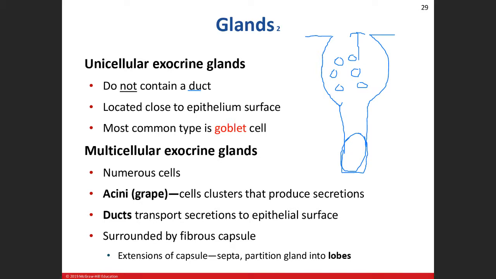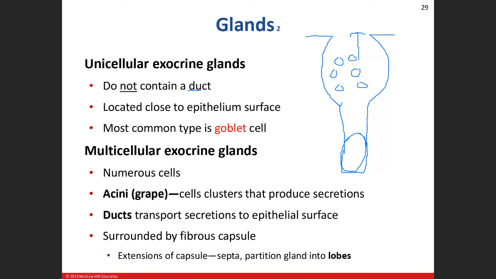If it's the digestive tract, it would be like the small intestine, large intestine, and then also in the respiratory tract we saw goblet cells, okay? So these types of cells, they don't have a duct, all right? That's because they are so close to the surface of the epithelium that they can emit their secretions right there, okay?